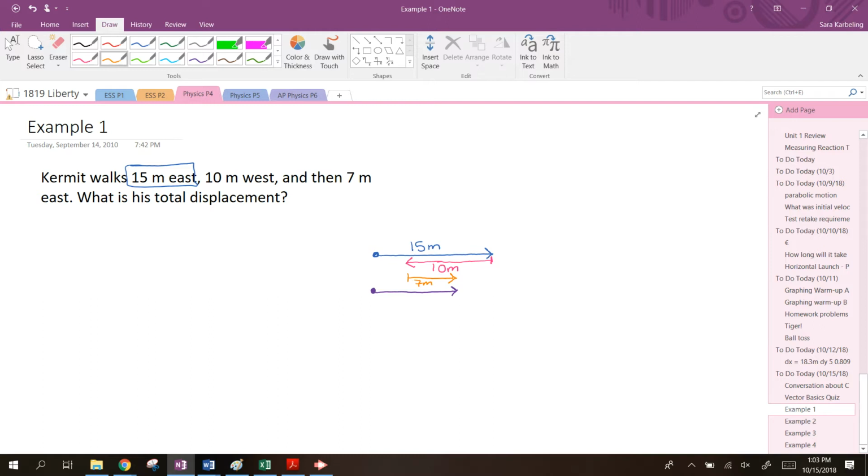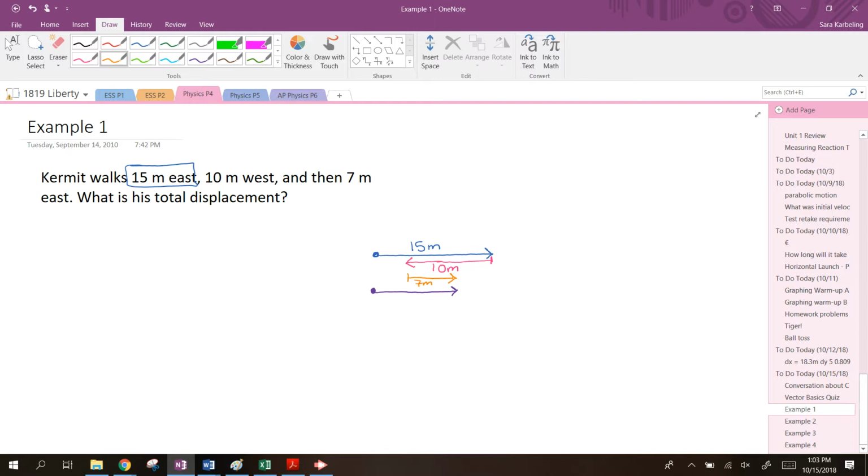Minus 10. Oh, that's 5. 5 plus 7. That shows it to you, right? So is it going to be more than 15? No. It's going to be something less than 15, right?